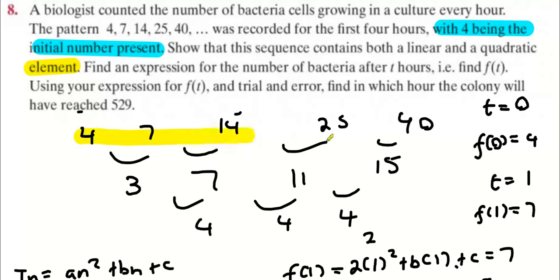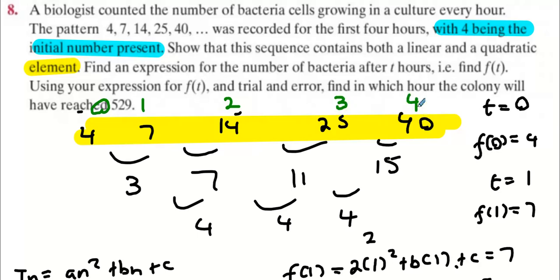The number of bacteria is the quadratic element. However, the linear element is what, guys? The linear element is the time. Because time goes 0, 1, 2, 3, and 4. Time is linear. The amount of bacteria is quadratic.